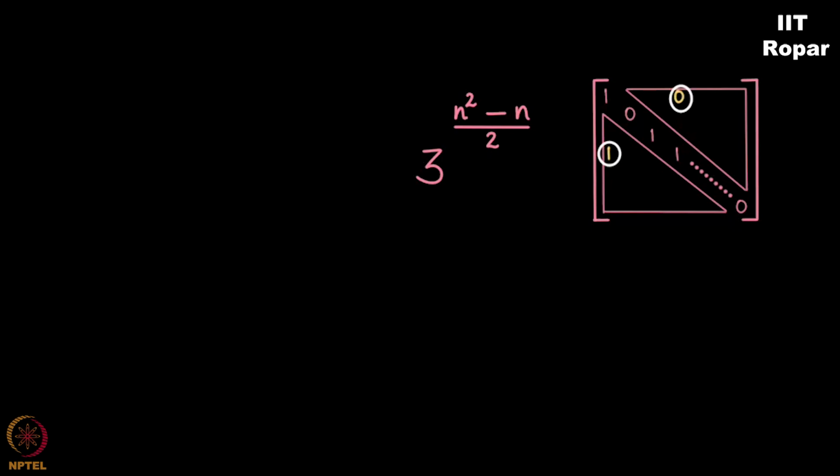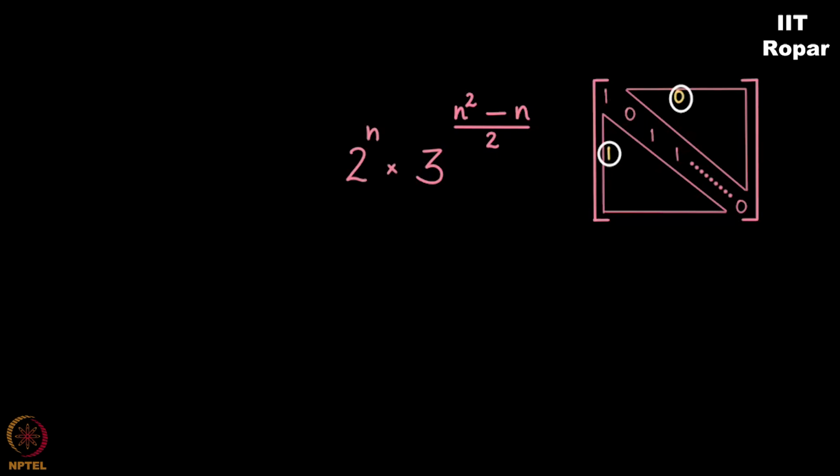For each of these pairs, you can fill them with 3 possibilities, 0, 0, 0, 1 and 1, 0. So these are the total ways in which you can do it, but wait a minute, your diagonal can be anything, correct? You can put whatever you want here, any combinations of zeros, ones or whatever. You can do that in 2 to the n ways.